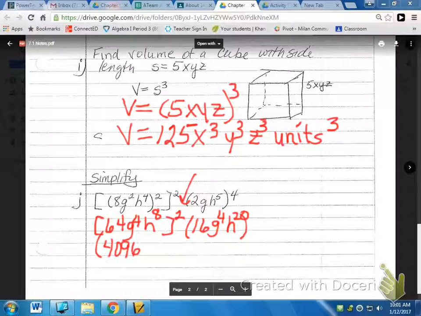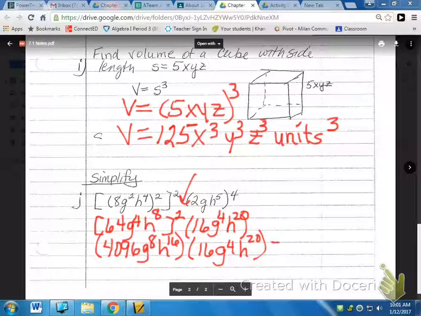G to the 8th and h to the 16. Okay. Now we're going to multiply these things. Remember what happens when you're multiplying with the same base. Well, first of all, I've got 4096 times 16. I really have to multiply that. You got it? What is it? 65,536. Okay, go ahead and finish that off.